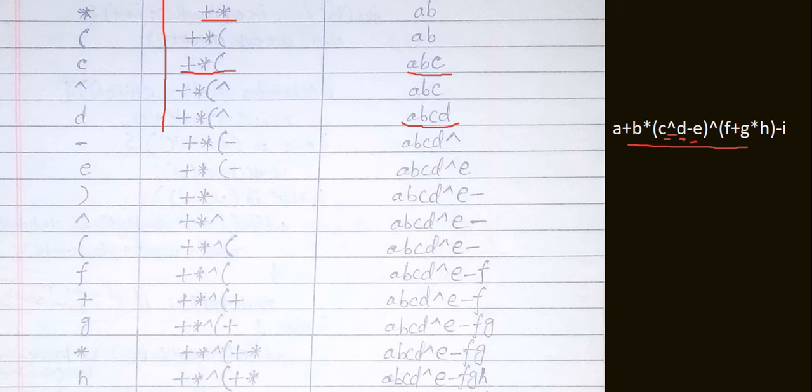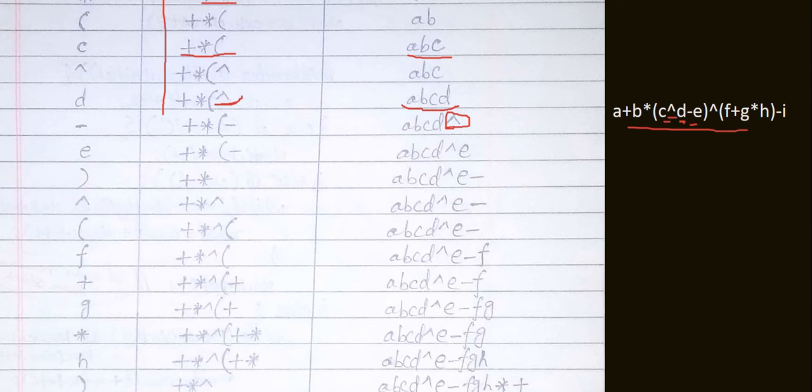As you can see, here the exponent operator has higher precedence than the minus. So first pop out this operator, and then push the minus, because the exponent has higher precedence than the presently scanned operator. So just pop it out, and after the pop, concatenate it with the resultant expression, meaning the output expression.